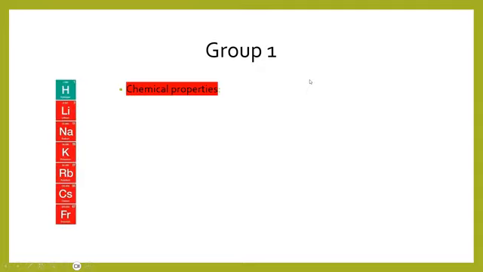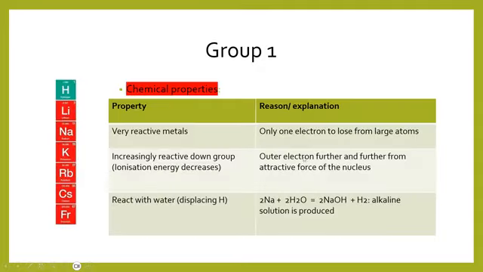In the reactivity, in the chemical properties, it's pretty obvious, and you can ask them to explain. Once you've been through why something might lose or gain electrons, they may easily be able to go, oh, well, group 1, ask them, what do they need to do? They need to lose 1 electron. Okay. And they're the biggest atoms of their period. So it's going to be easy to lose that electron.